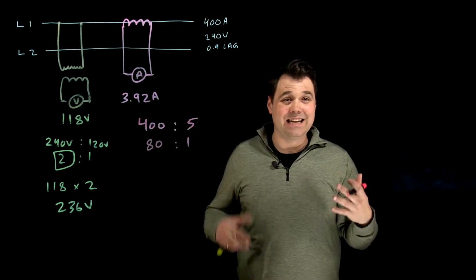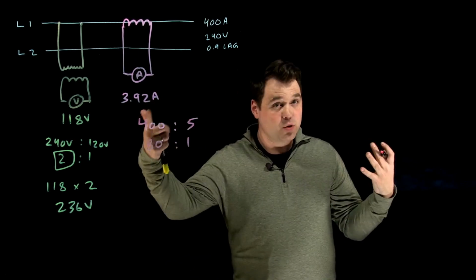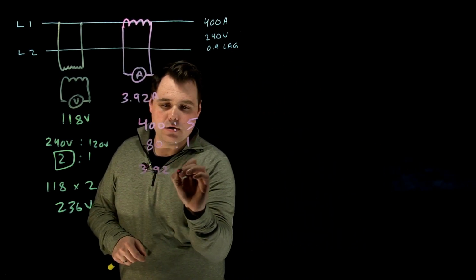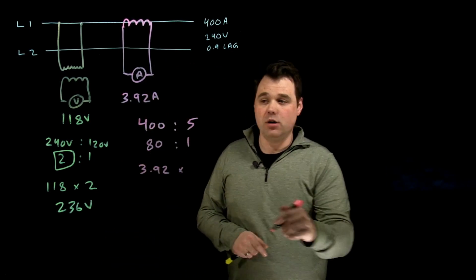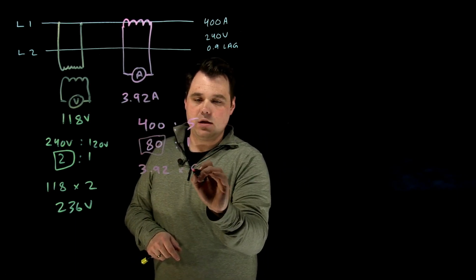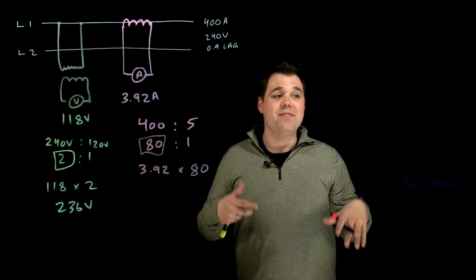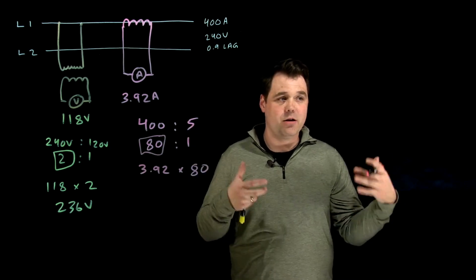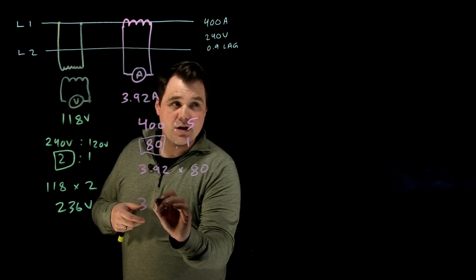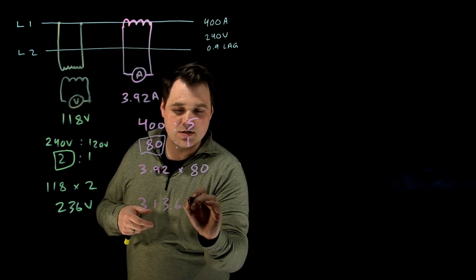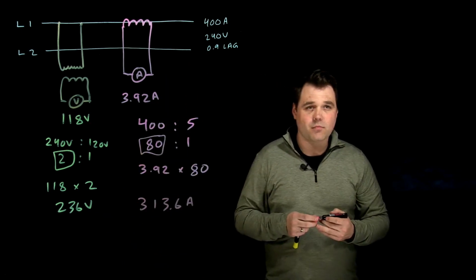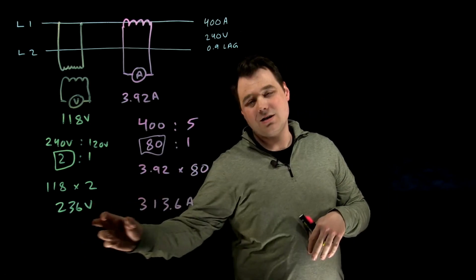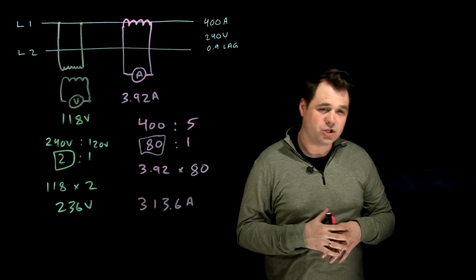Now again, I take my actual current flowing on the secondary, 3.92, multiply it by my ratio, which in this case is 80, and that is going to give me my true flowing current on the primary, which in this case gives us 313.6 amps. So that's just a quick breakdown of the potential transformer calculation and the current transformer calculation.